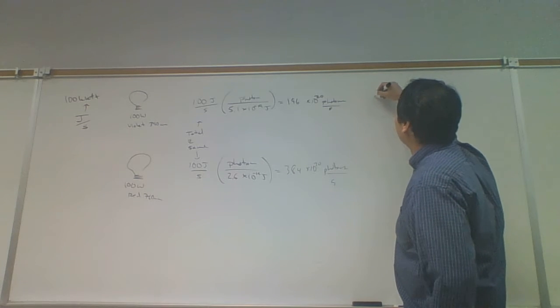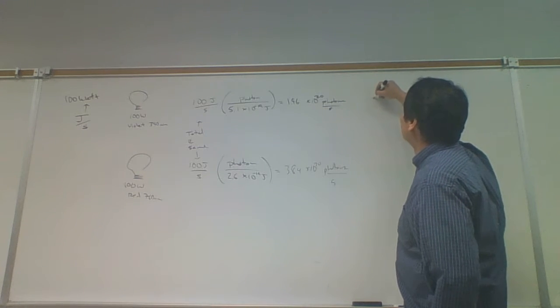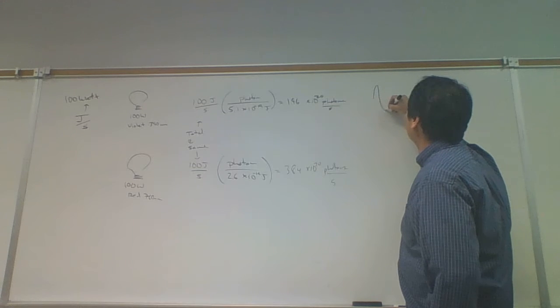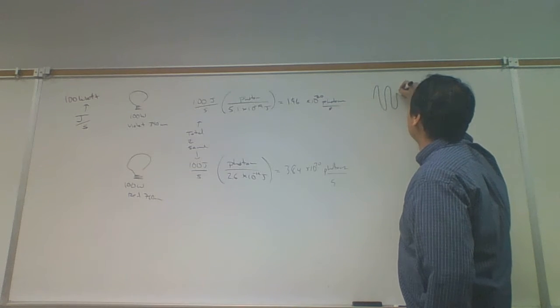If we have violet light, violet has a shorter wavelength. Let's go with 100 watts of violet light.